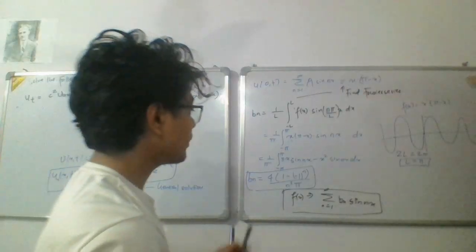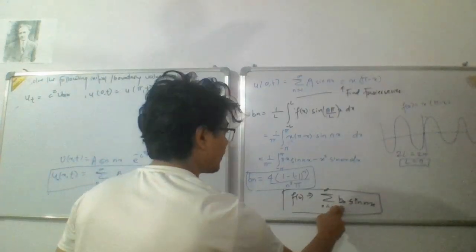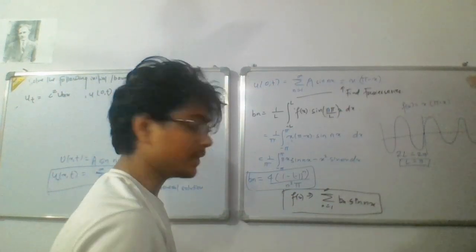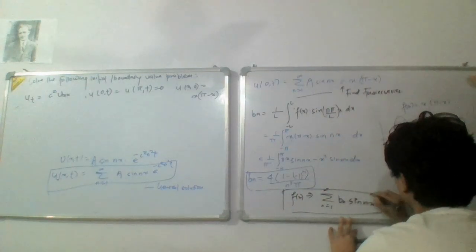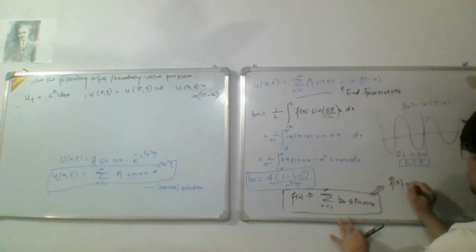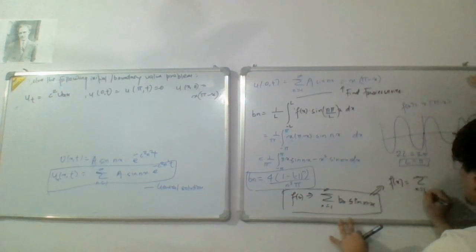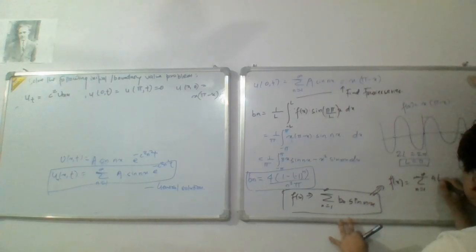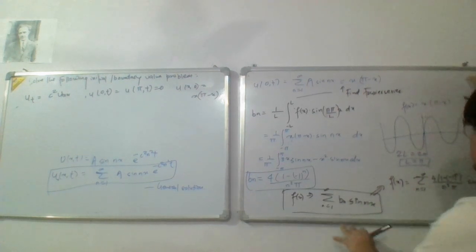Now we have to write the value of this bn in the series. So f of x equals summation n equals 1 to infinity 4(1 minus minus 1 to the power n) by n cubed pi times sine of nx.